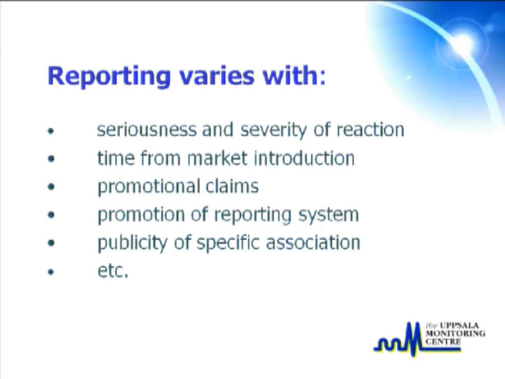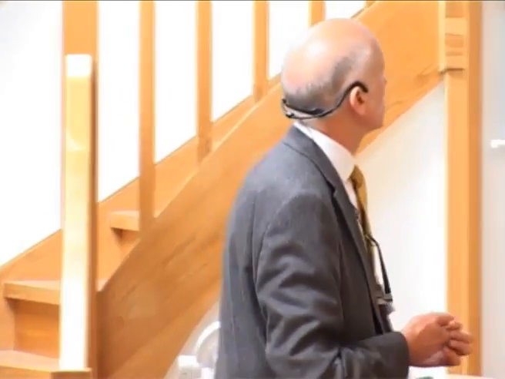We know that serious and severe reactions are reported to a higher extent than the more trivial ones, which, of course, is a good thing. I mean, those are the ones we are most concerned about. But we can't calculate incidence rates on the basis of spontaneous reporting.